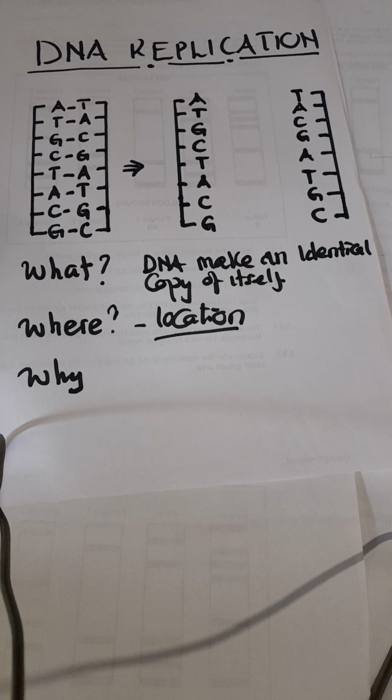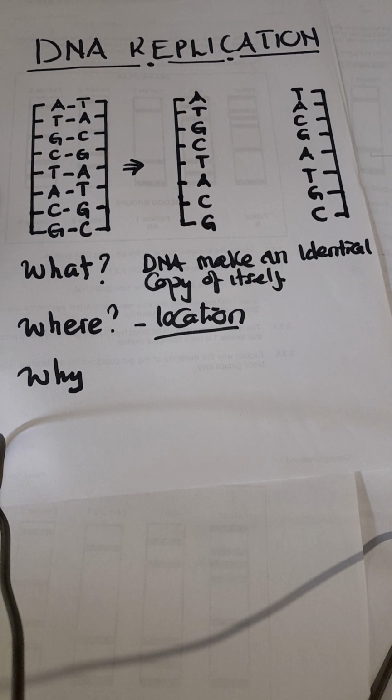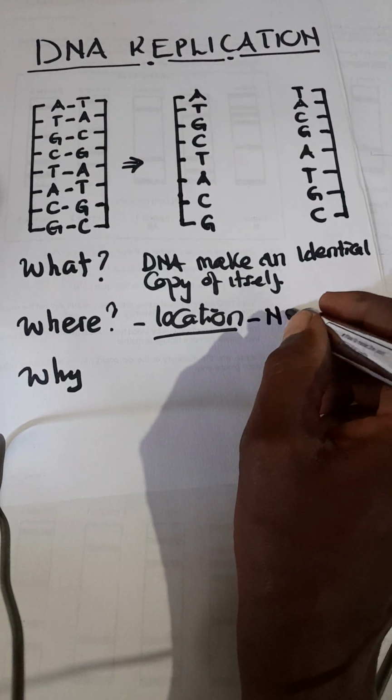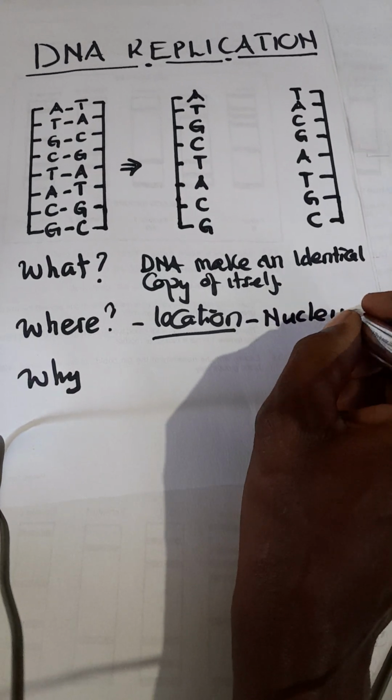But we are not concerned about the last two, meaning the mitochondrion and the chloroplast. Why? Because that is the extra DNA that is found there. But the main DNA that we're talking about here, where DNA replication takes place, is none other than the nucleus.